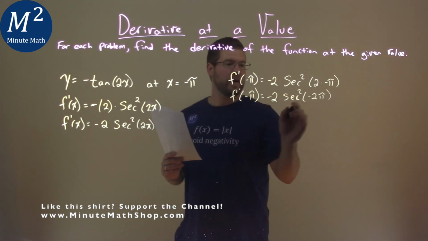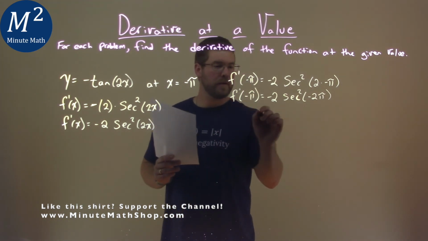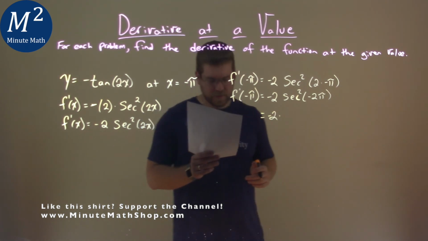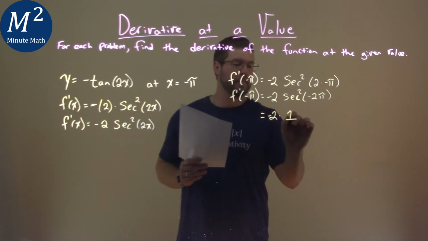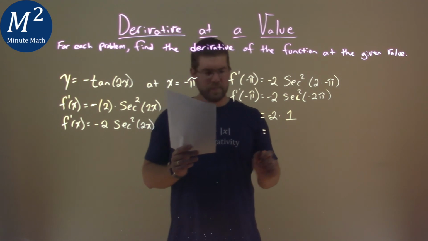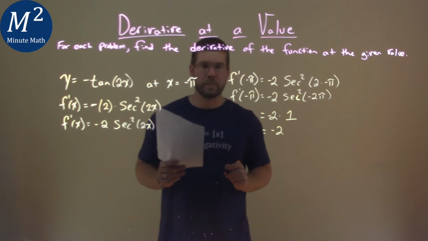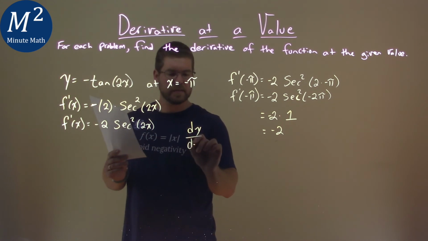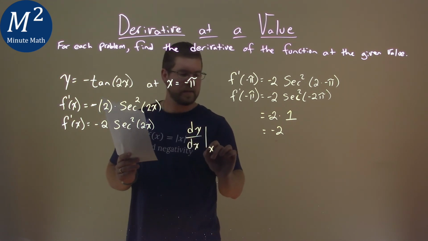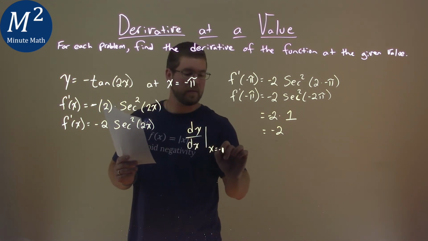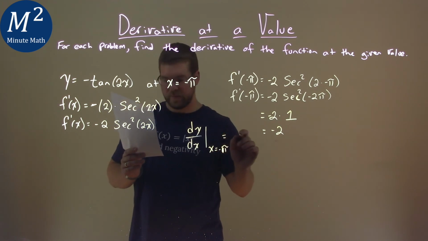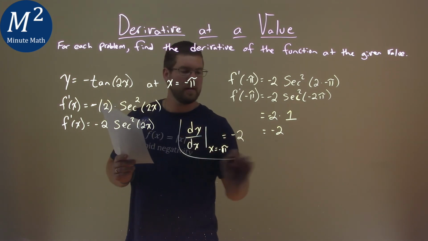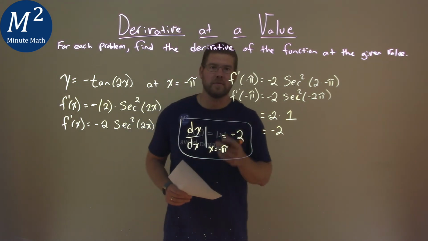And the secant squared of negative 2 pi comes out to be just a 1. And negative 2 times 1 is negative 2. So we can write this final answer here in the form of dy dx when x is equal to negative pi is equal to negative 2, and that is our final answer.